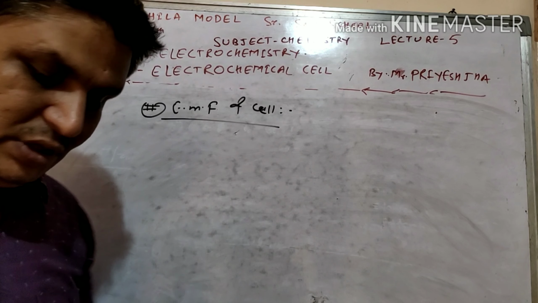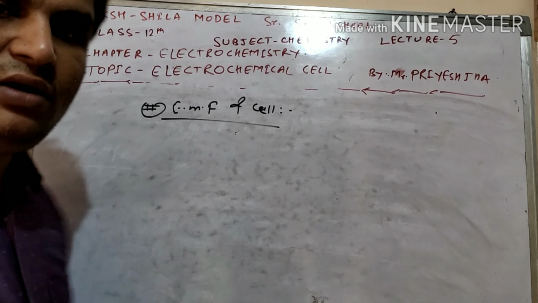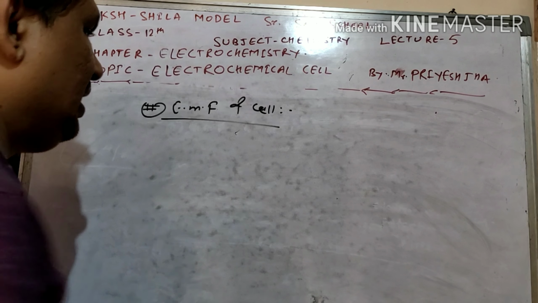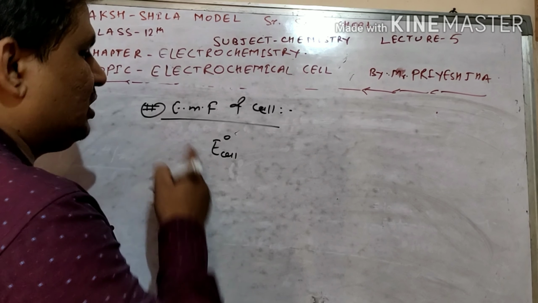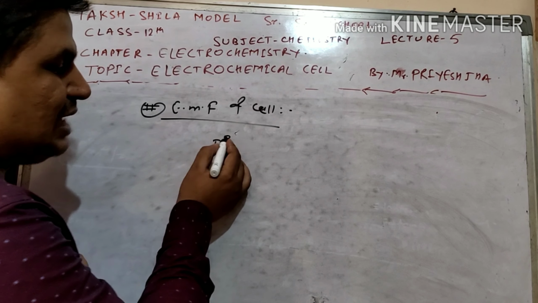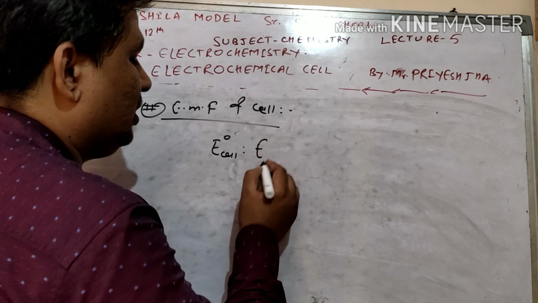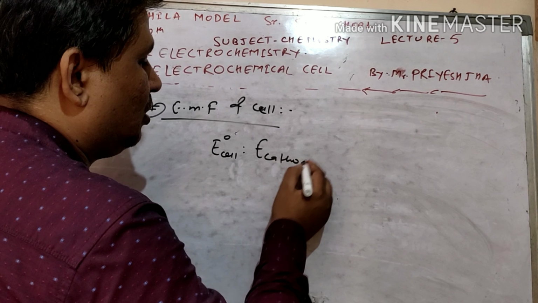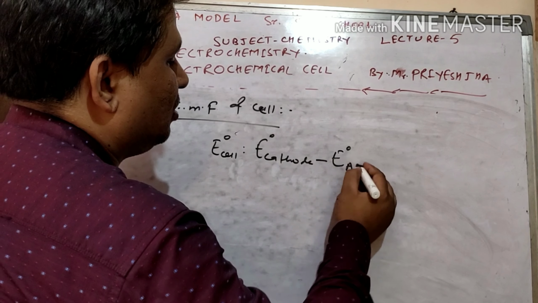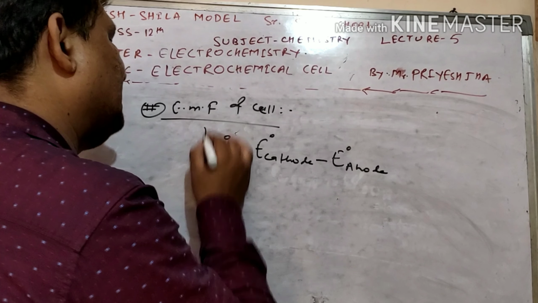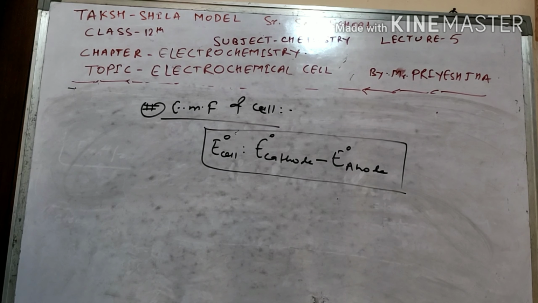The EMF is the potential difference between the two electrodes when no current is flowing through the circuit, and it can be calculated as E naught cell, the EMF of the cell, where this sign represents the standard EMF, and this will be E cathode minus E anode. This is the formula for calculation of the EMF of the cell.